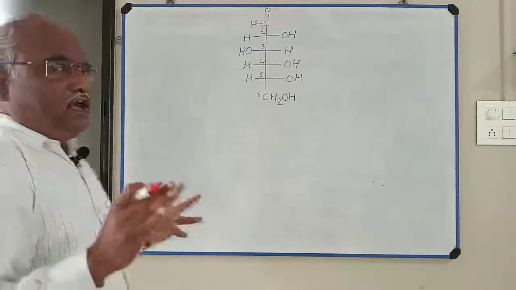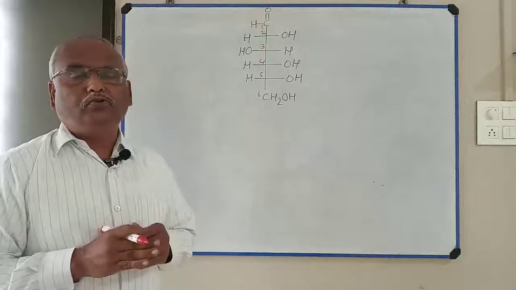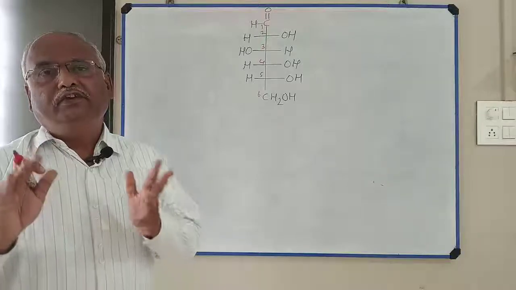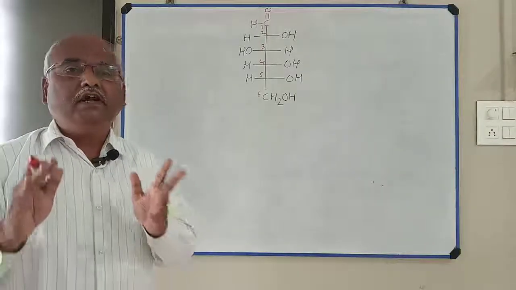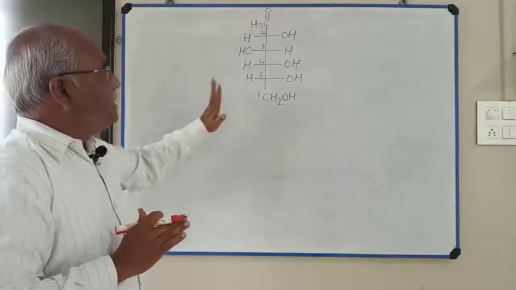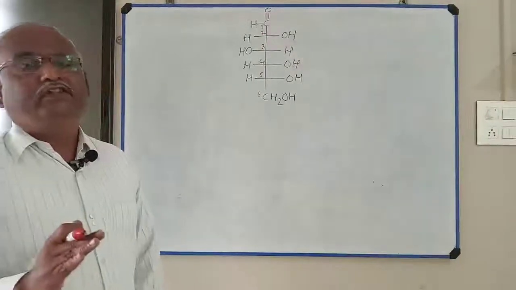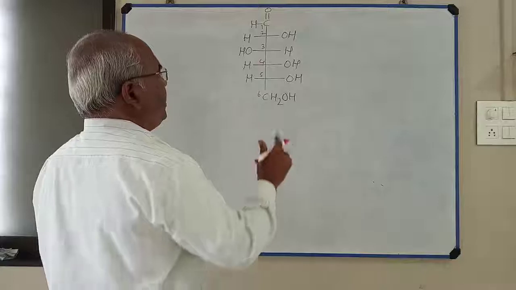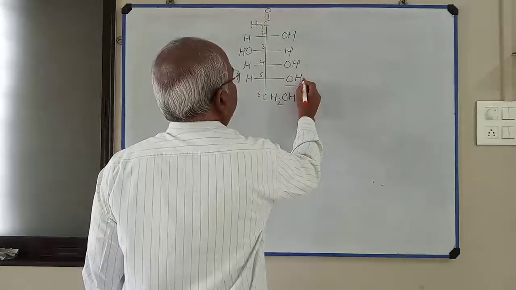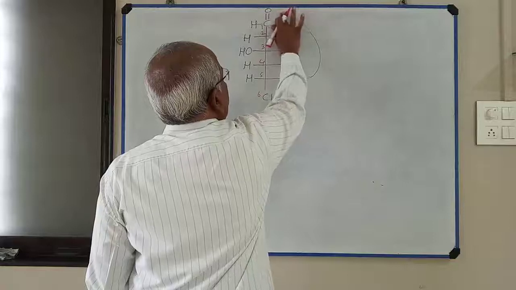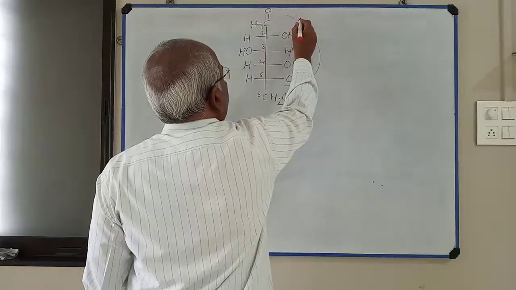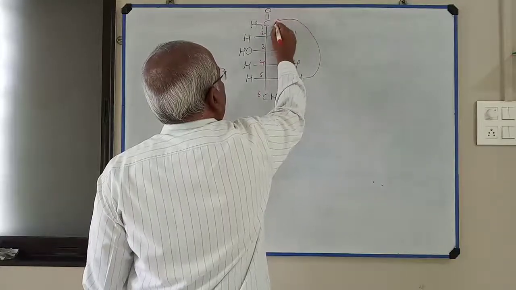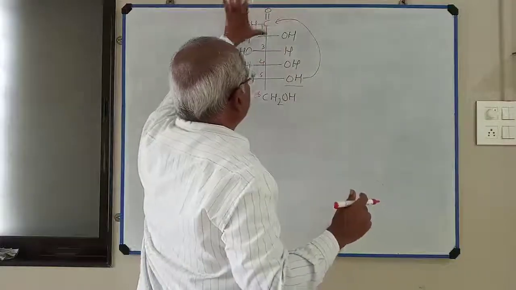In the topic aldehydes and ketones, you have studied the formation of acetal, hemiacetal, ketal and hemiketal. That reaction is taking place in this glucose. In cyclic structure, OH group is added to this carbon. OH group is added across this carbon oxygen bond.